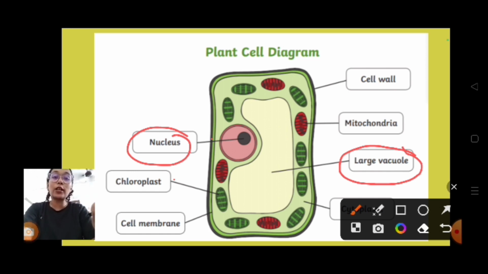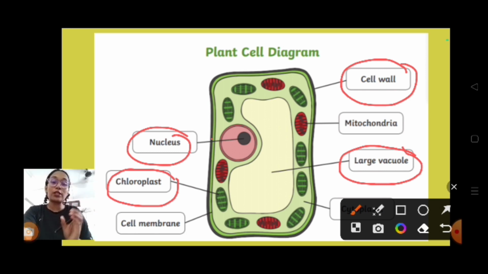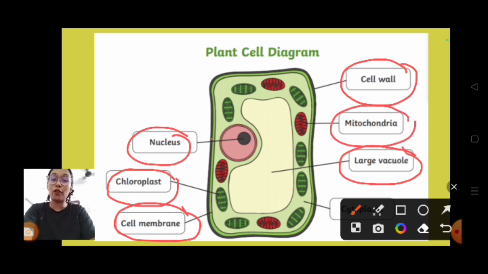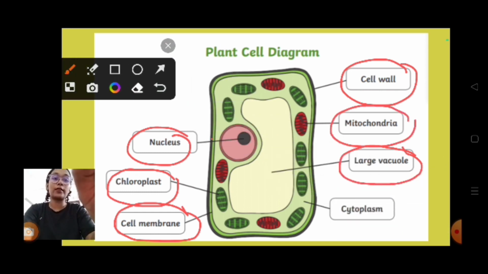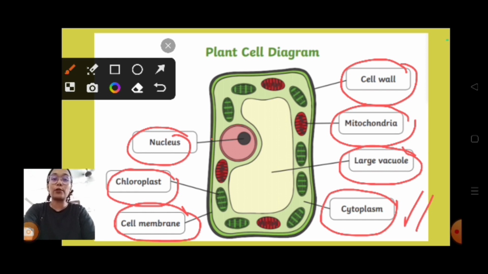They have chloroplast, the green color pigment which gives them green color. They have an outer cell wall, then a cell membrane also. They have mitochondria for energy, and cytoplasm. This is the diagram of a plant cell which you have to know.